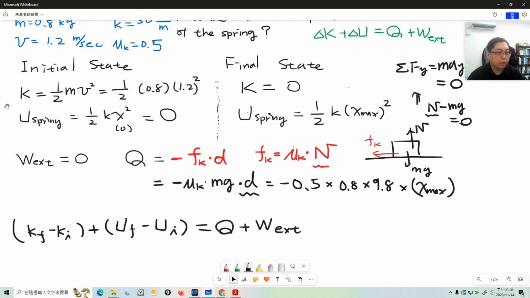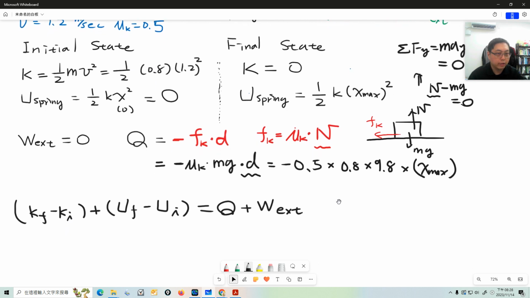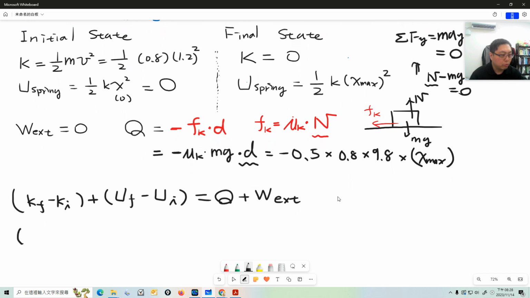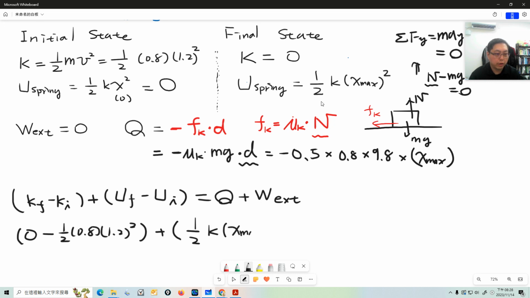Let's put everything in. It's final state minus initial state. What's the final state kinetic energy? 0. Initial state kinetic energy is 1/2 times 0.8 times 1.2 squared. So it's 0 minus 1/2 times 0.8 times 1.2 squared. And the potential energy difference between the final and initial state: final state is 1/2 k x max squared, minus 0.